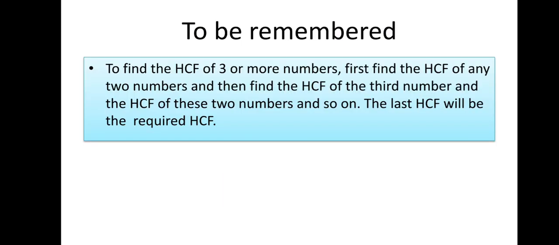So here you have to remember, to find the HCF of 3 or more numbers, what you have to do is first find the HCF of any two numbers of our choice and then find the HCF of the third number and the HCF of these two numbers. And the last HCF will be the required HCF.